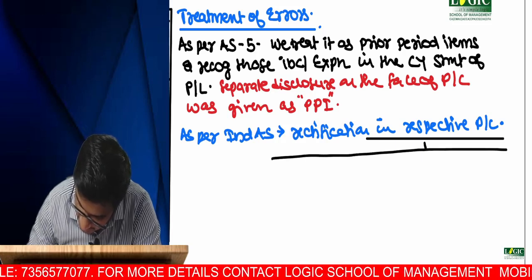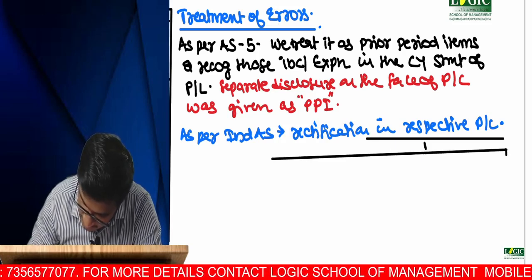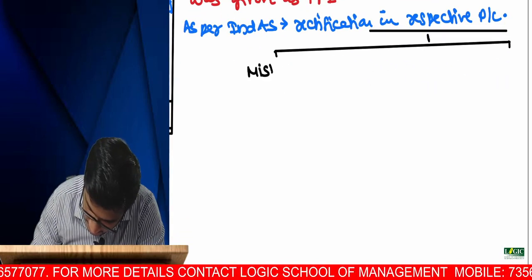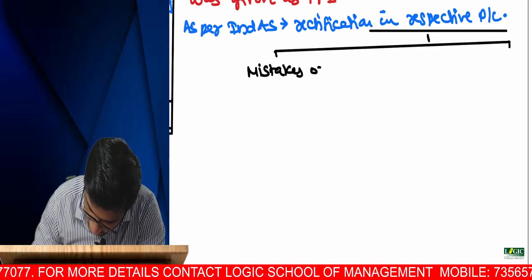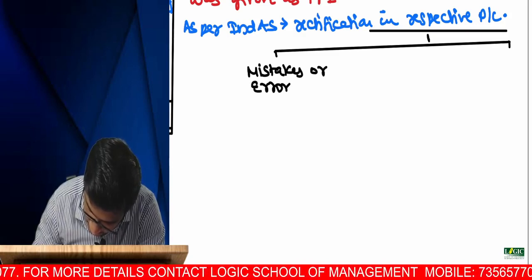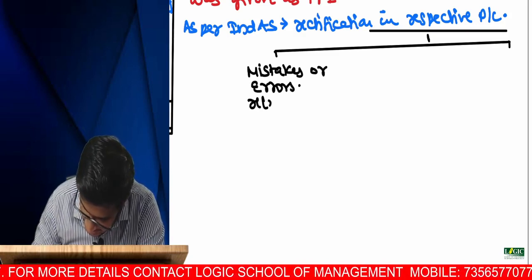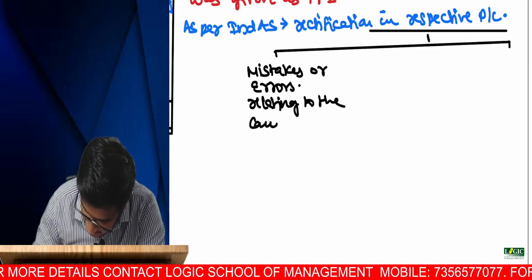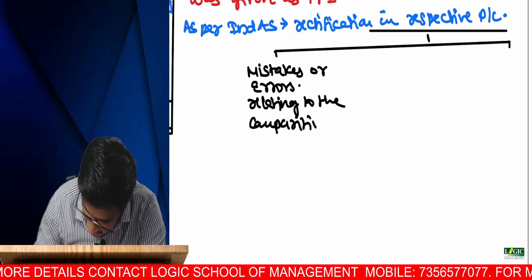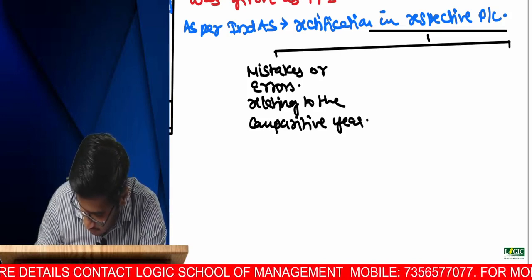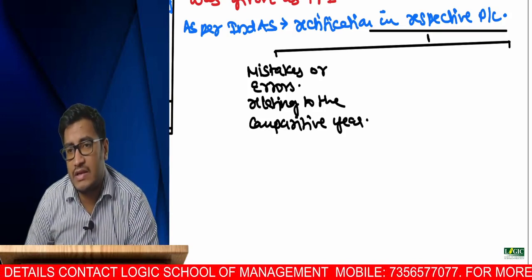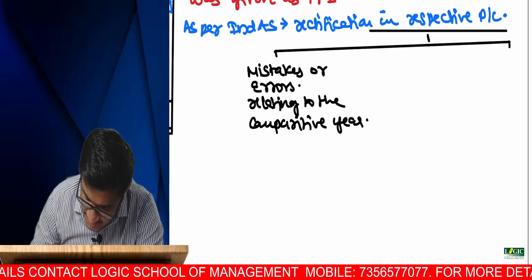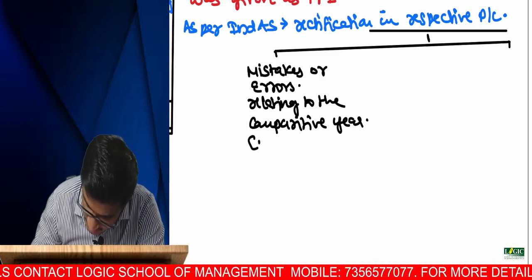What are the two possibilities? Mistakes or errors relating to the comparative year. What do you mean by mistakes or errors relating to the comparative year? That means mistakes or errors relating to the previous year. Alla.